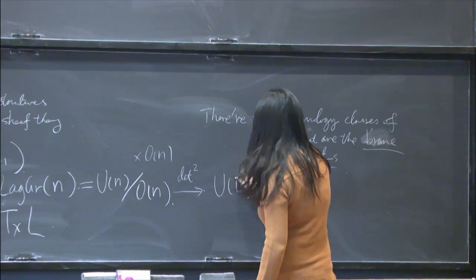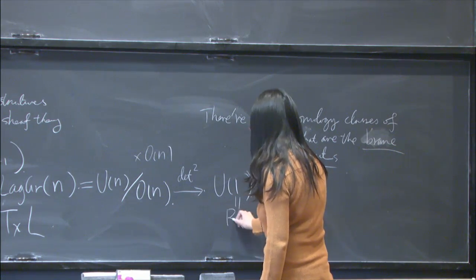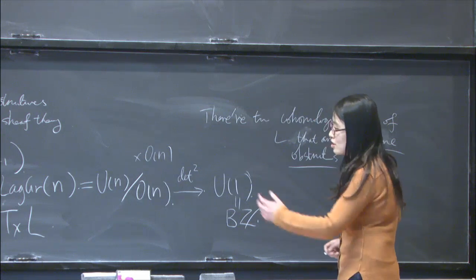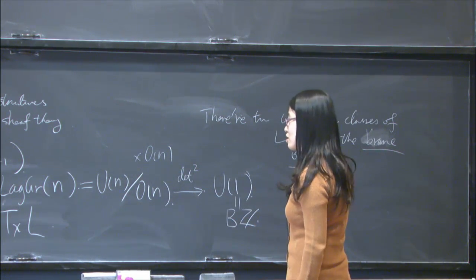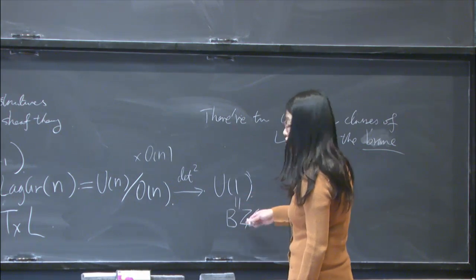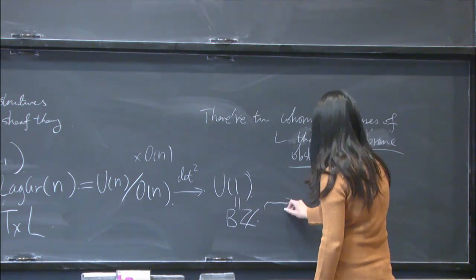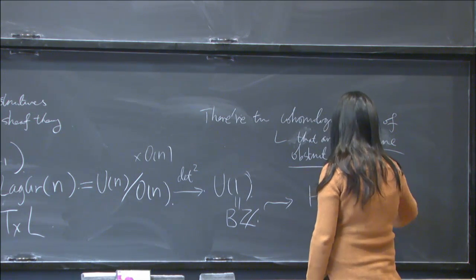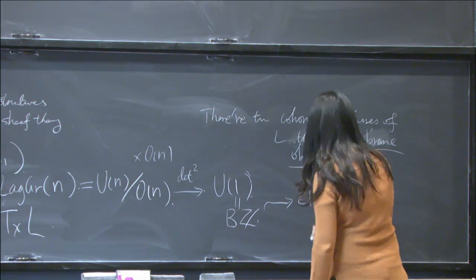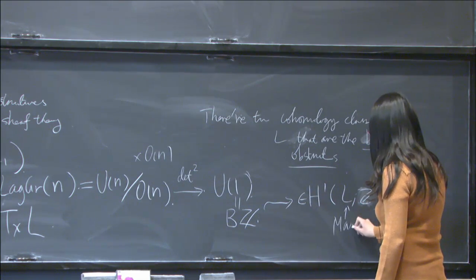Okay. And then because U(1) is just S^1 and it's BZ, then the composite from L to BZ determines a first cohomology class of L in coefficient Z. So this is called the Maslov class.